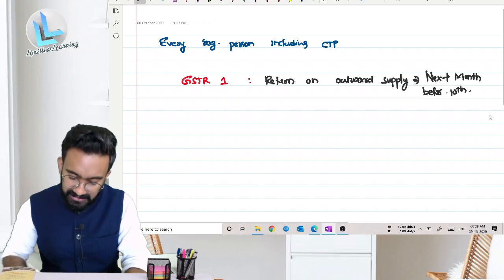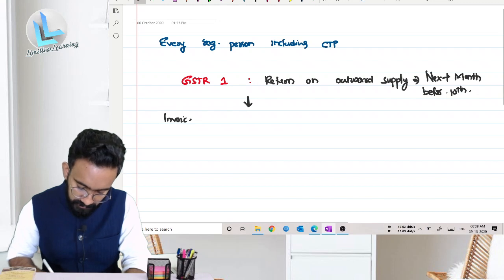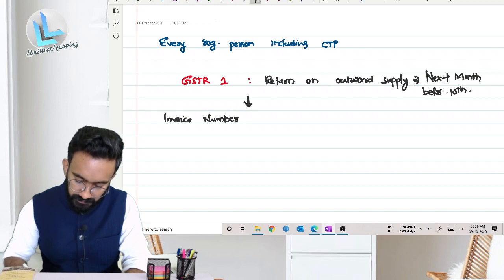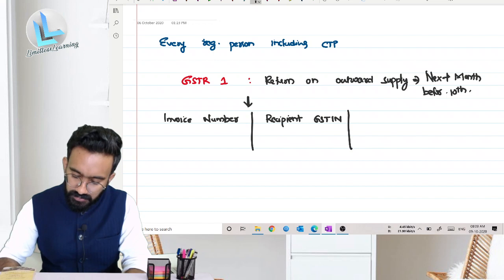Now, when I file this, I will have to mention invoice number, recipient GSTN, taxable amount, CGST, SGST, or IGST.